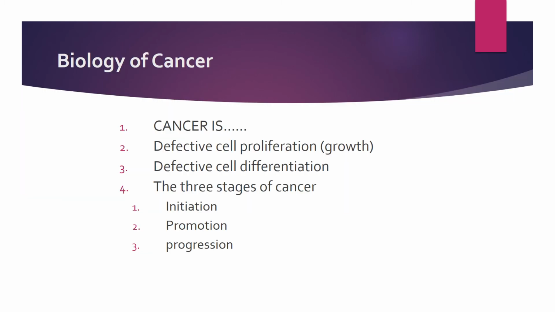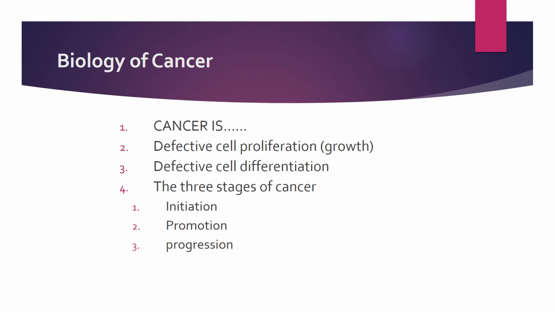When you look at cancer, cancer is defined by defective cell growth and defective cell differentiation. So when we look at defective cell growth, what normally happens is cells don't invade other spaces, but cancer cells ignore these principles or properties.